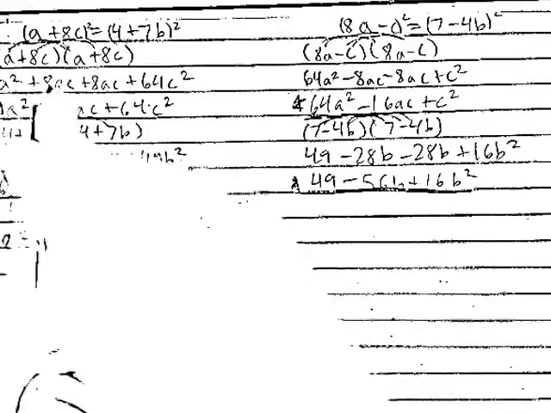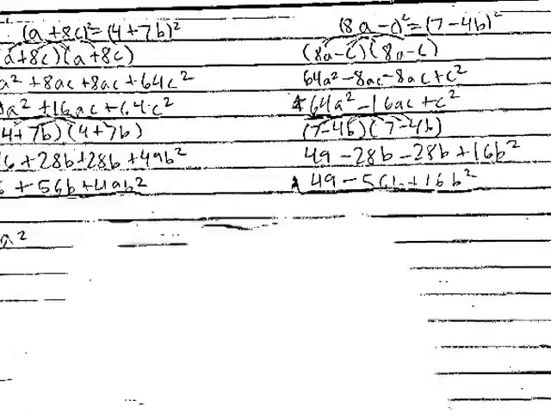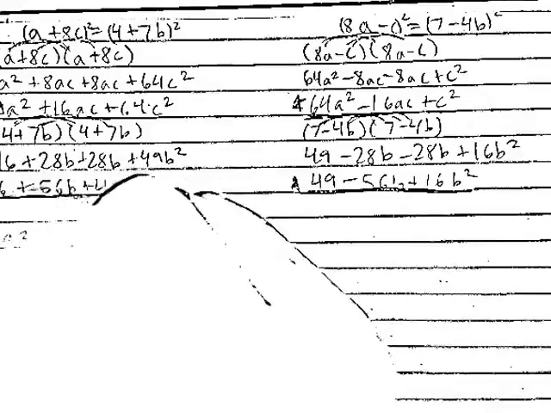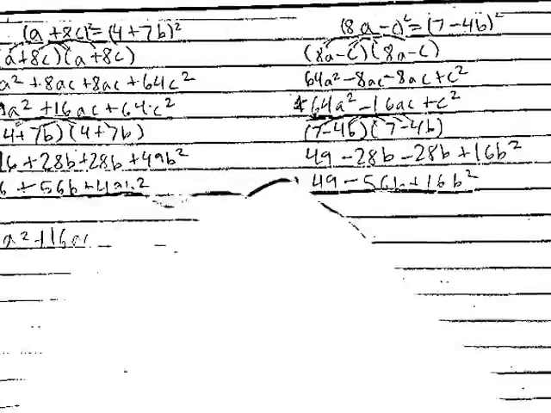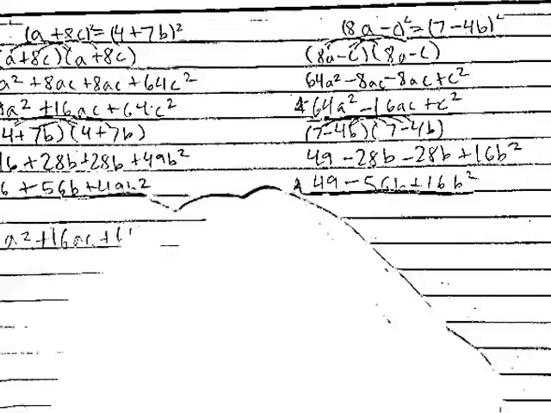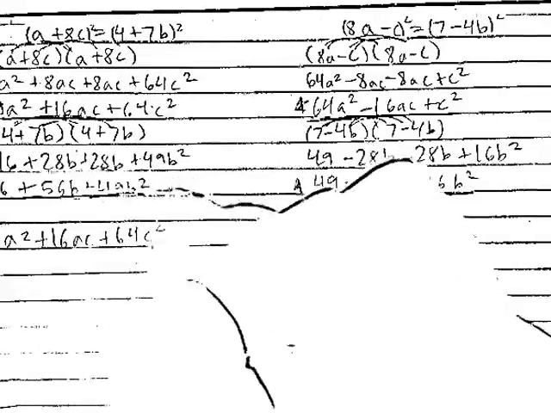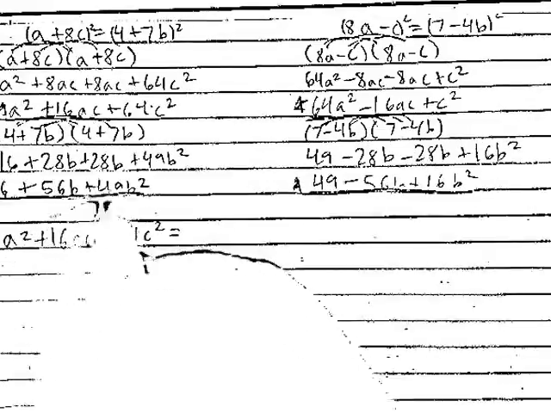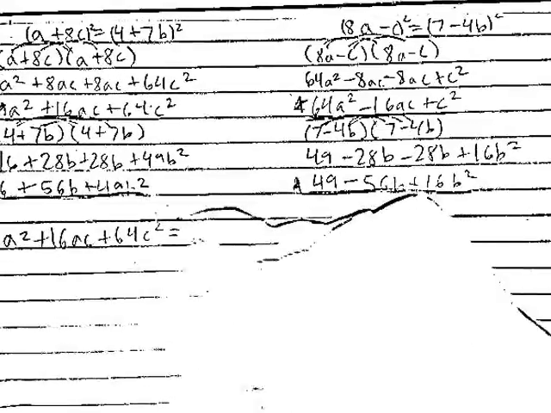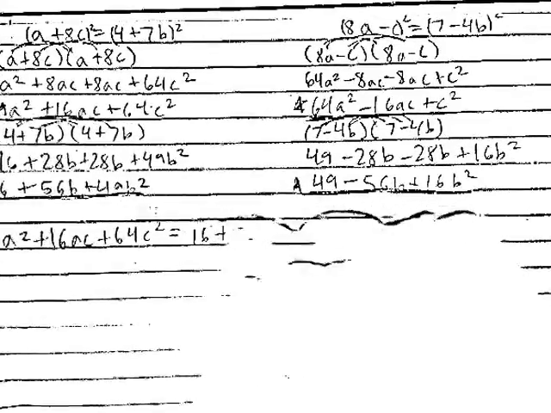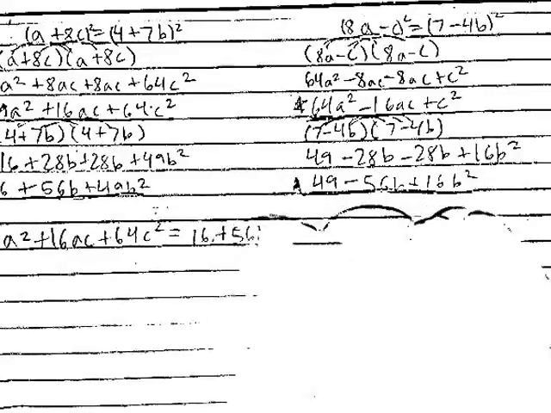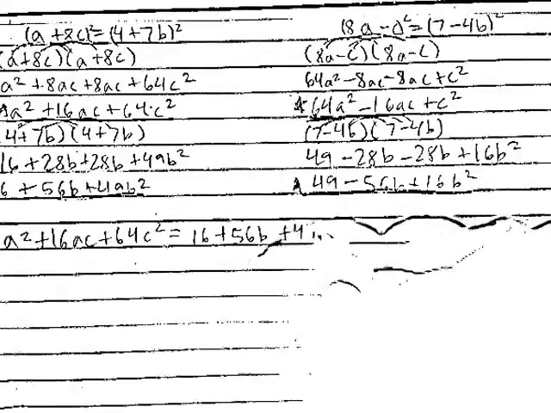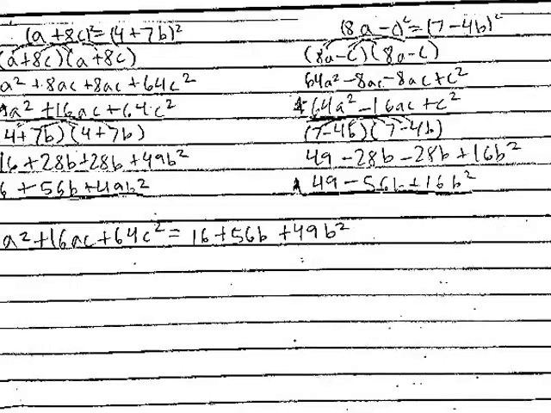So a squared, since this is equal to this, then I just write the a squared plus 16ac plus 64c squared is equal to this, which is this, 16 plus 56b plus 49b squared.